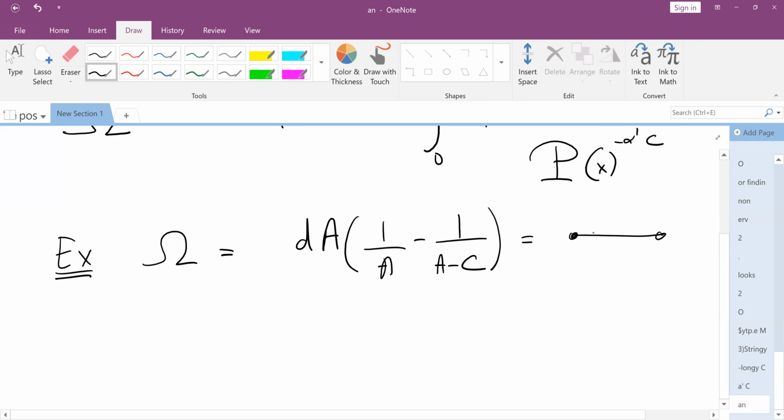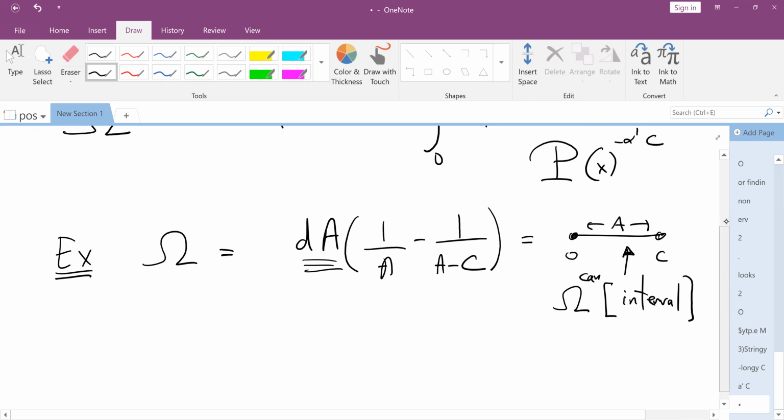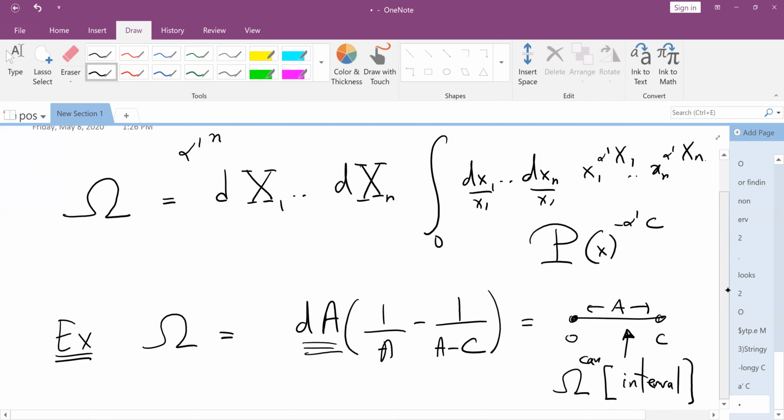We had this interval, a was between 0 and c. So this is just exactly the canonical form for this interval. Okay, so putting the dA here made it into a differential form with logarithmic singularities on the boundary of the space. Trivial in this case because it's just one-dimensional.